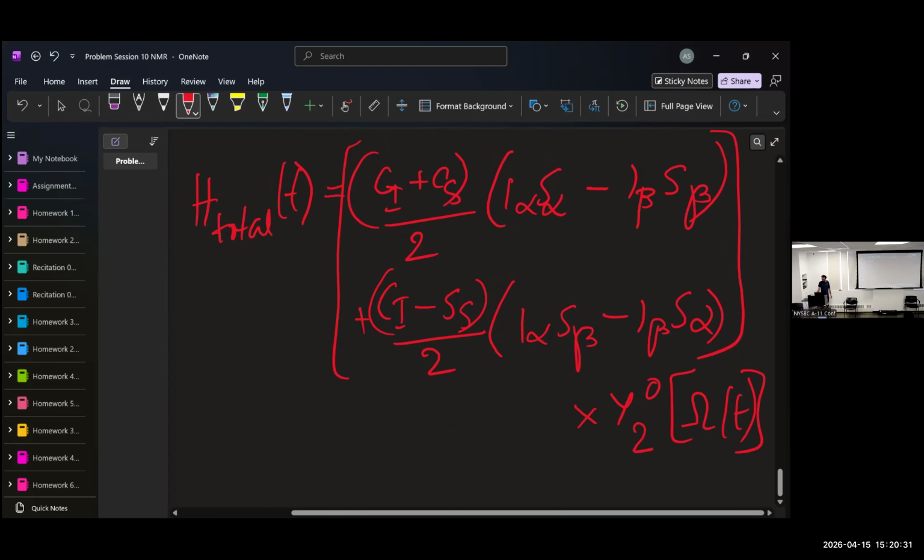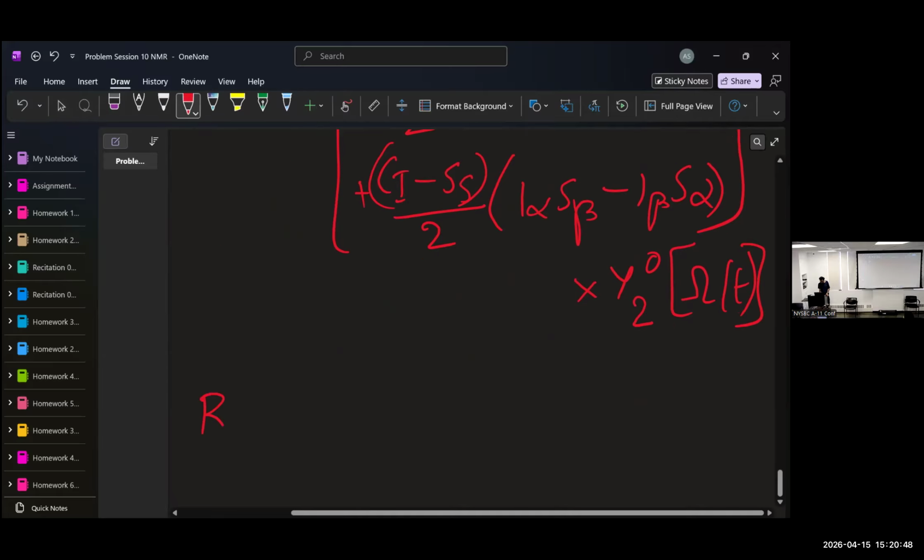What does this Hamiltonian look like? This is a zero quantum. In that case, what do you get for the R2 of the double quantum component?